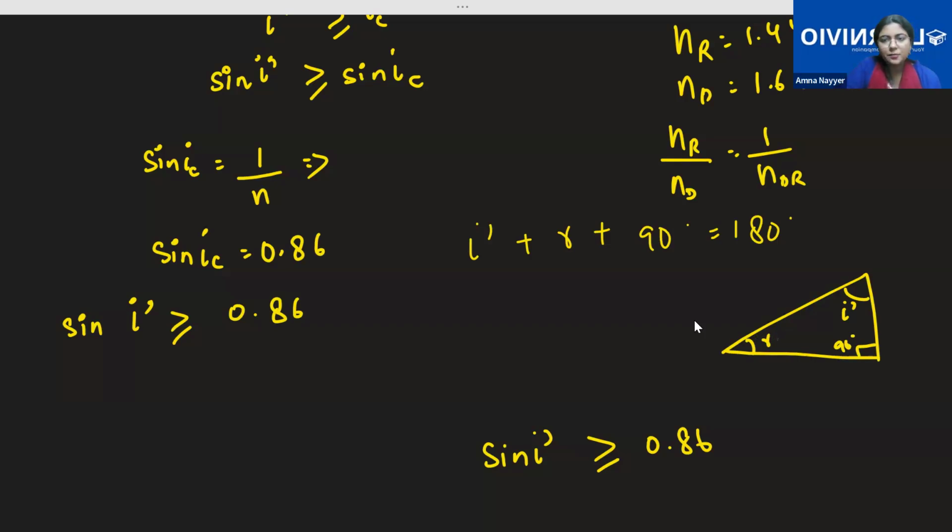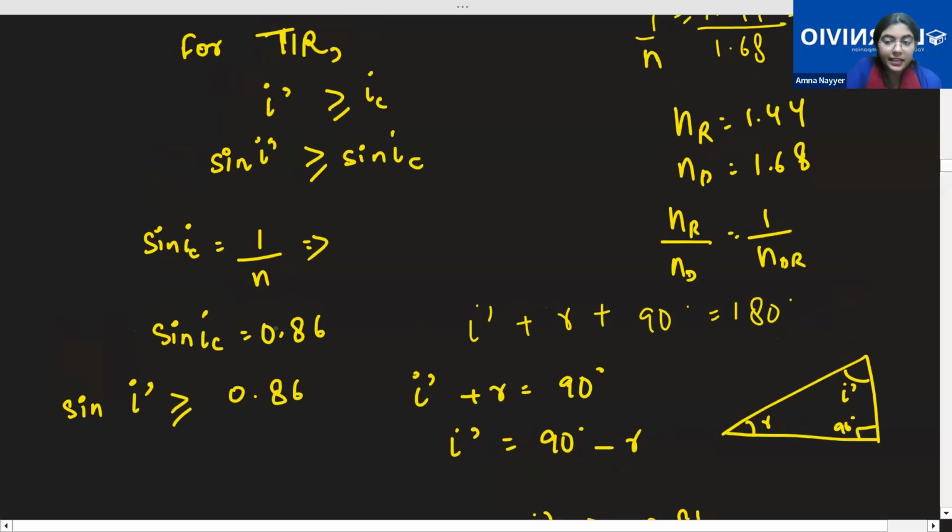So I dash plus R is equal to 90 degrees. From here we'll get I dash as 90 degrees minus R. Also we know sine I dash is greater than 0.86.